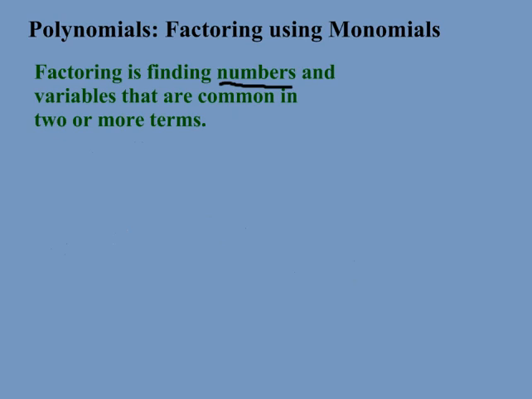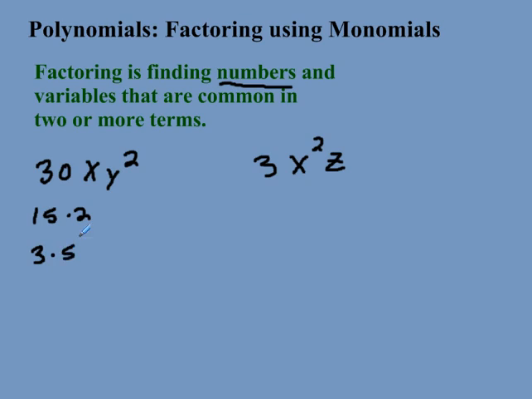And let's try these: 30xy squared and 3x squared z. Alright, let's start with 30. 30 is not prime. What makes up 30? Let's see here. 15 times 2. Okay, 15 is not prime. What makes up 15? Well, 3 and 5. And then 2 is prime, so we'll go ahead and multiply that.